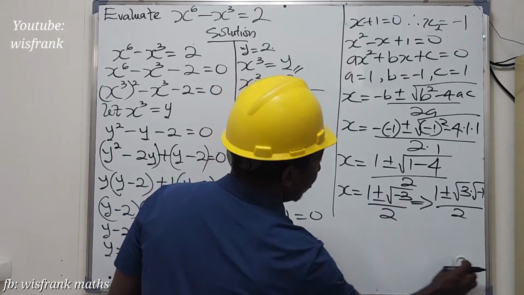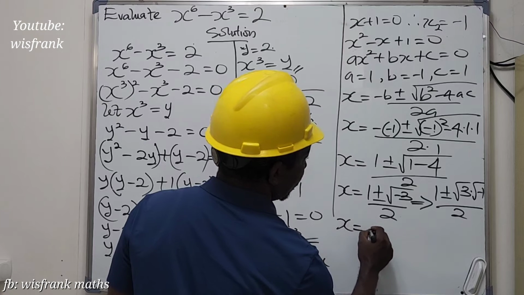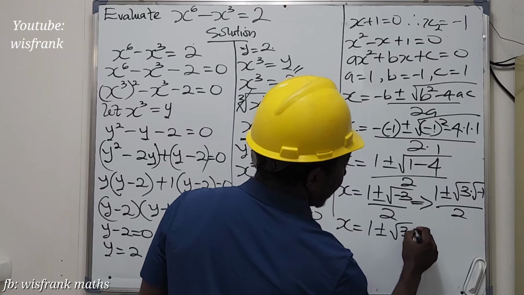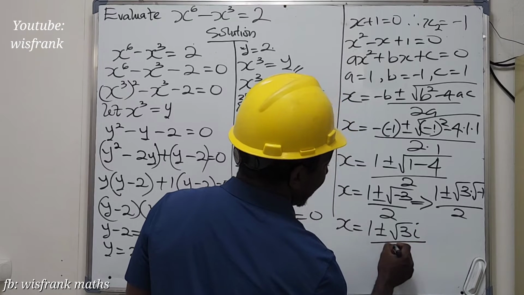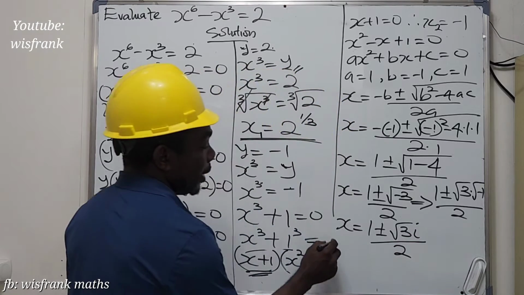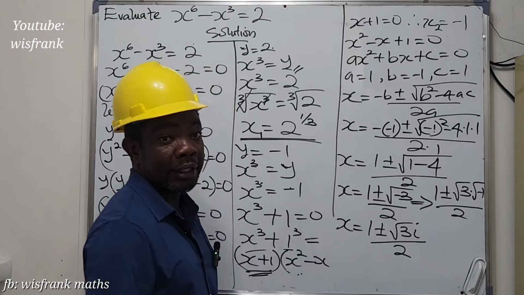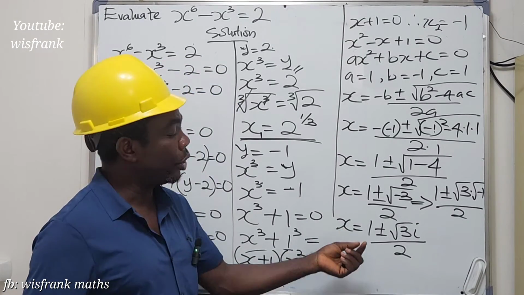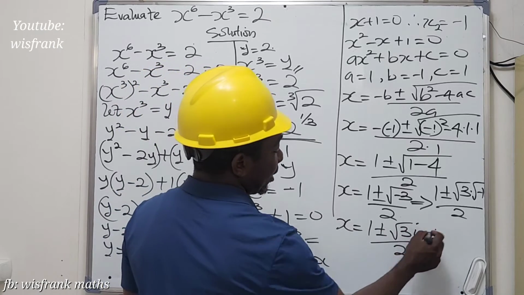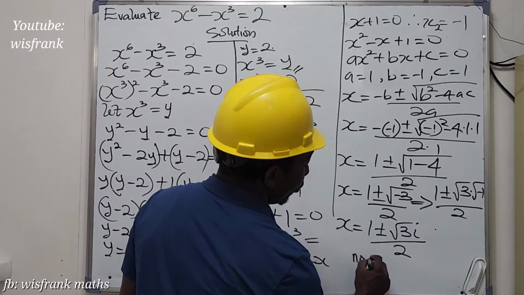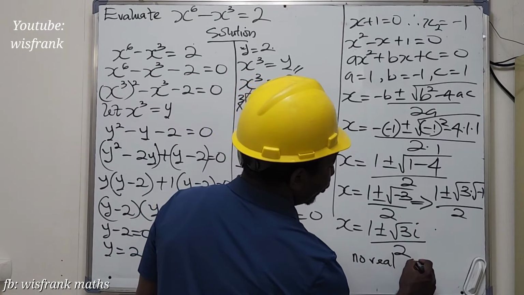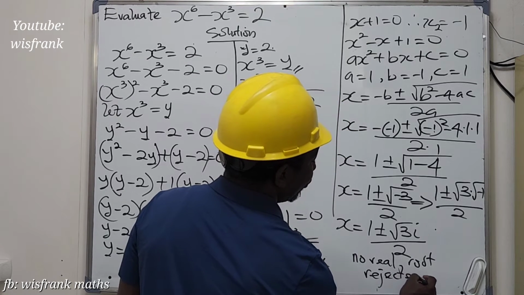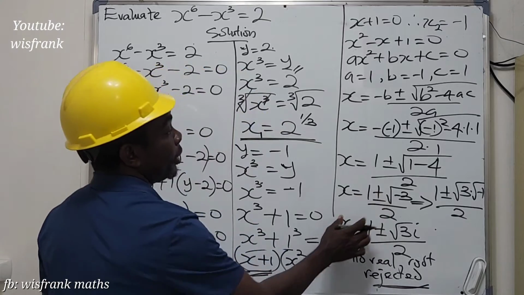So it will become x equals 1 plus or minus square root of 3 i all over 2. In this case, the value of our x here is an imaginary number, so there's no real root in this equation. So this is rejected because there is no real root. So we are not going to use the value of x from this solution.